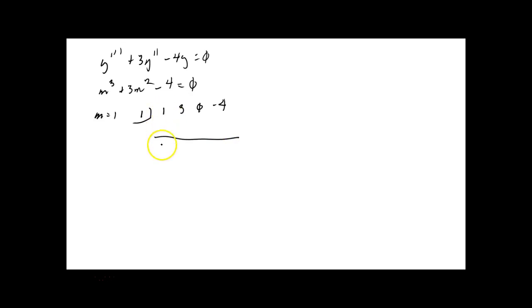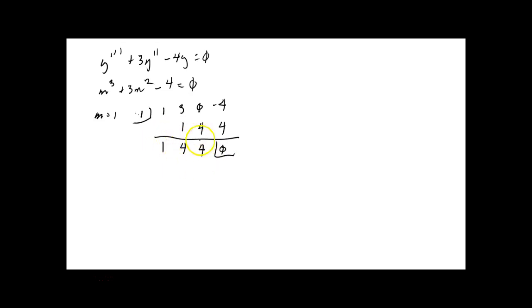Bring down the 1, and then from here on you multiply and add, multiply and add. Multiply 1 times 1, you get 1. You add, you get 4. Multiply, you get 4. Add, you get 4. Multiply, you get 4, and add, you get 0, which you knew you had better get because that's your remainder, and you knew 1 would go into it.